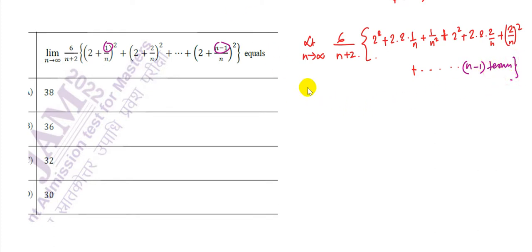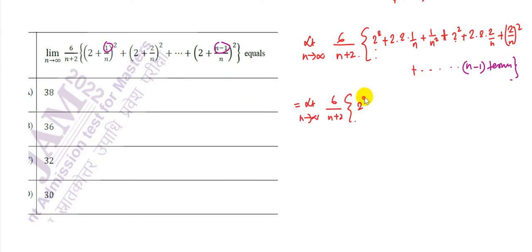So this will give you limit n tending to infinity 6 by n plus 2 into, now 2 square plus 2 square, and like that you will have n minus 1 terms.